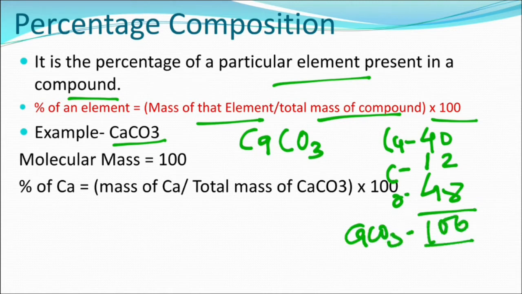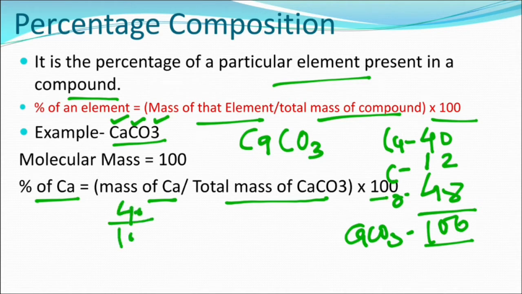Now we can find out the percentage of calcium, percentage of carbon, and percentage of oxygen in this compound. What will be the percentage of calcium? It will be the mass of calcium divided by total mass of the compound into 100. So it will be 40 by 100 into 100, that means 40%.